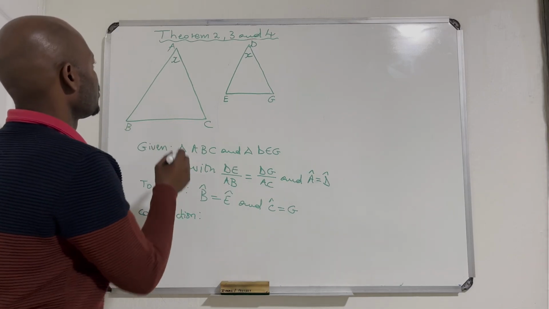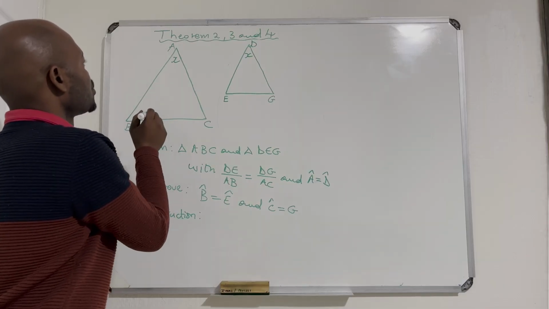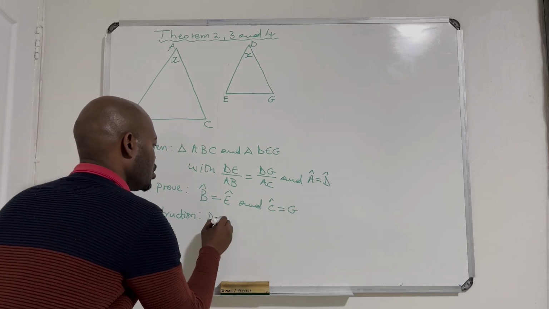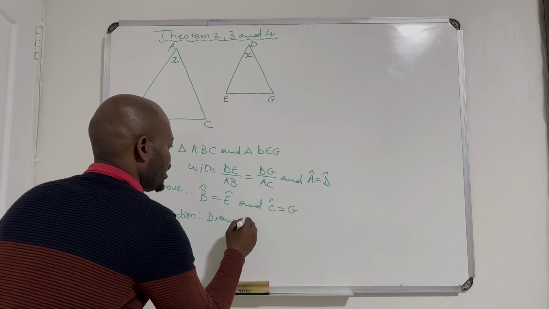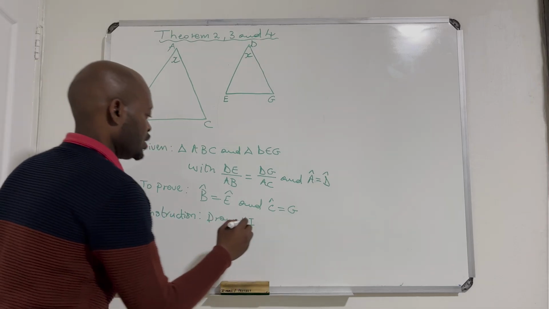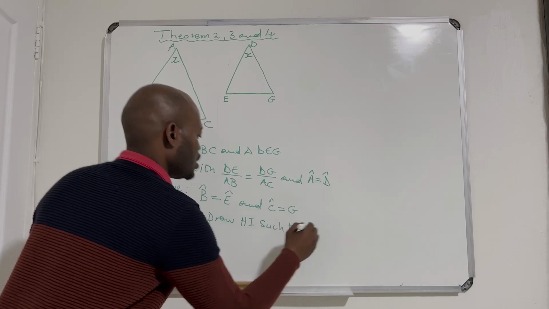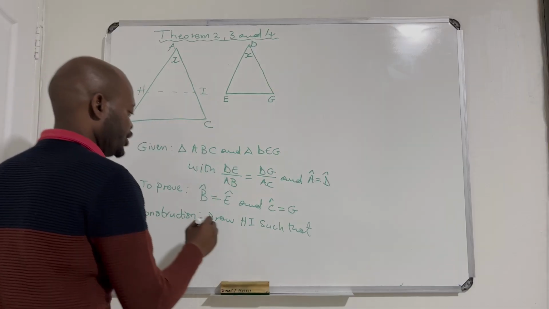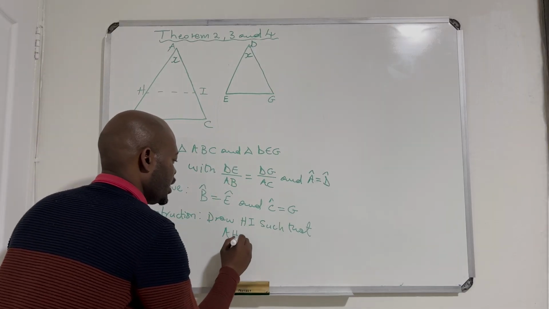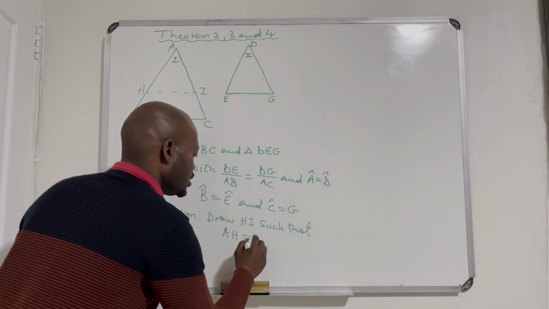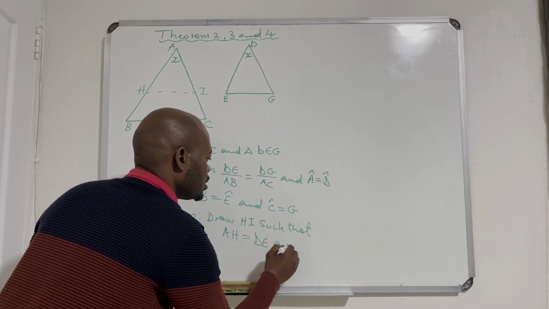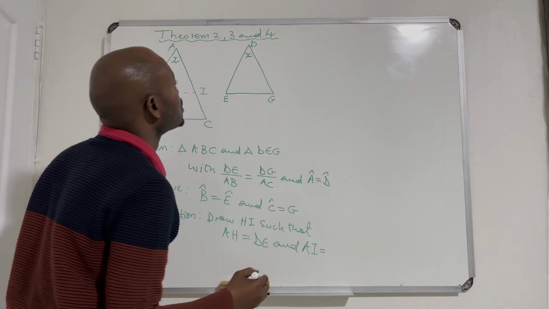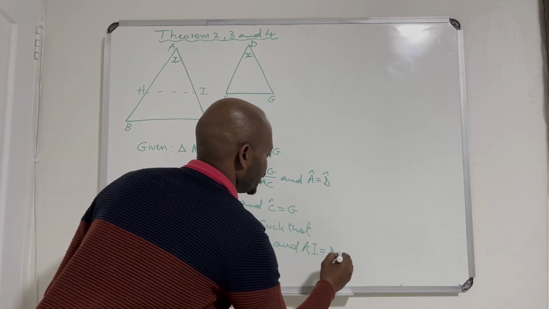We construct like we did in theorem number 2 and 3, where we draw HI such that AH is equal to DE, and AI is equal to DG.